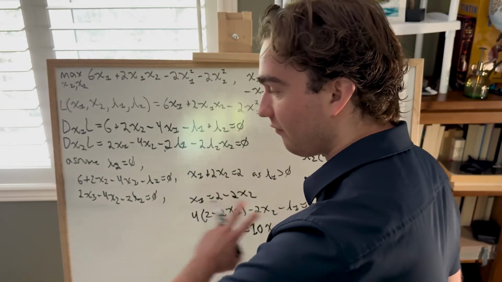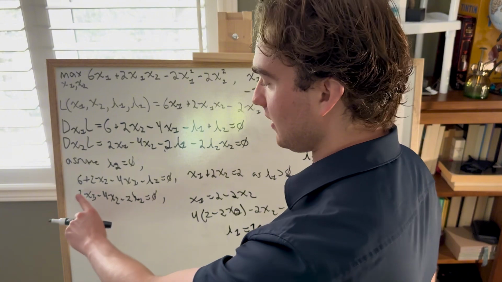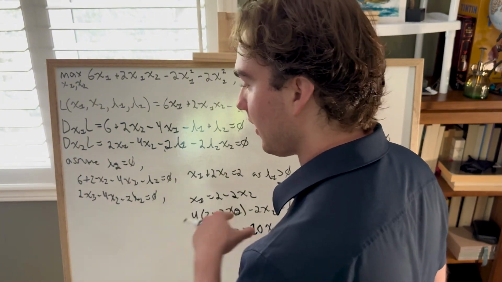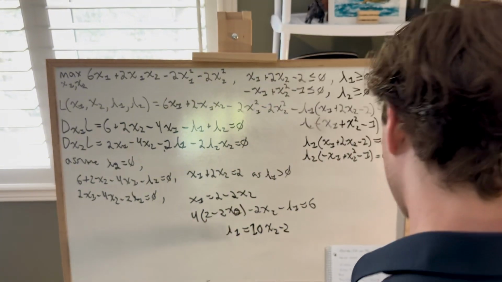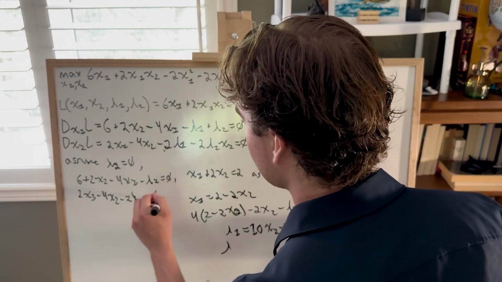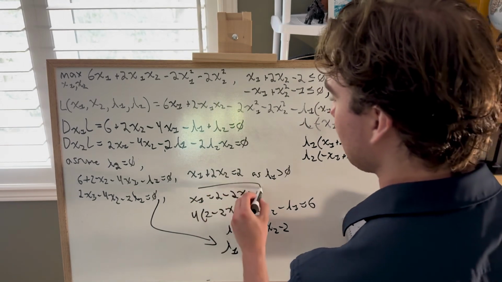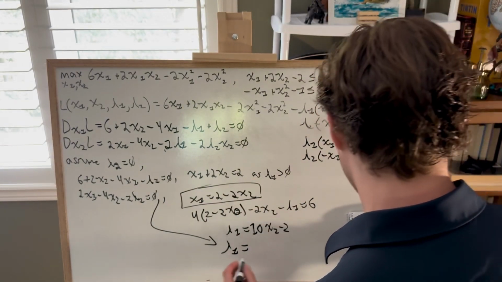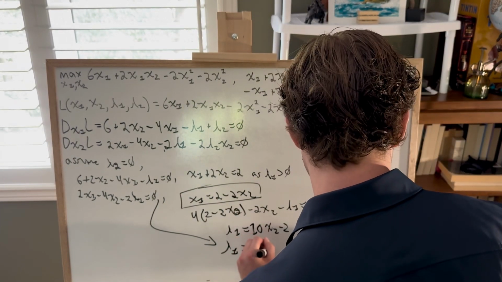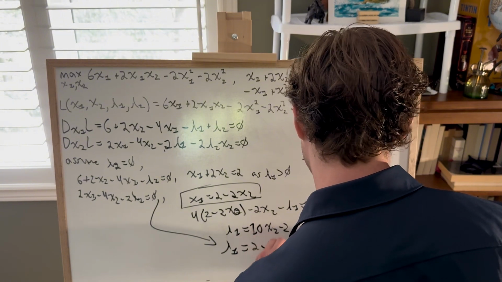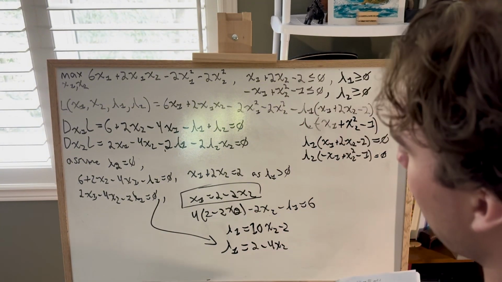Before this, I divided everything by 2 because it's a lot easier to work with. We solve for it again, and this gives us 2 less 4x2.